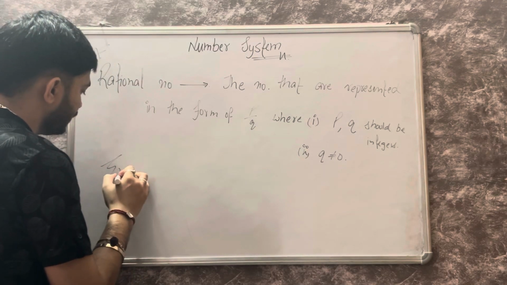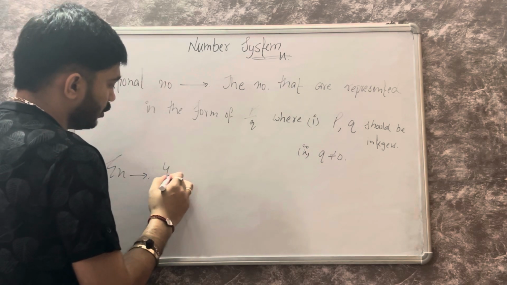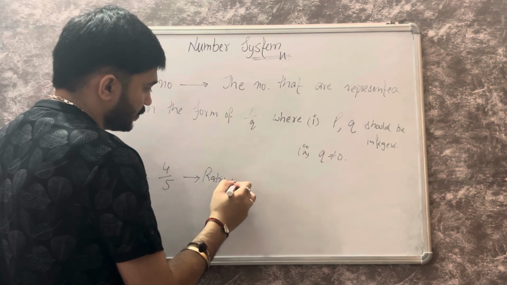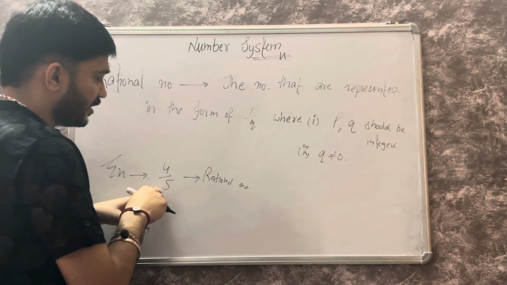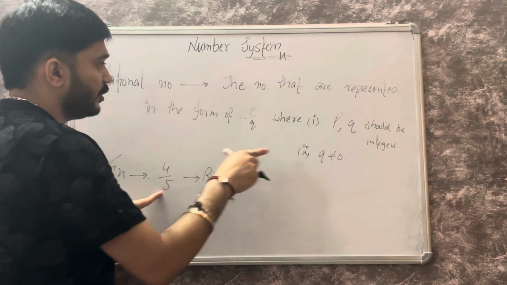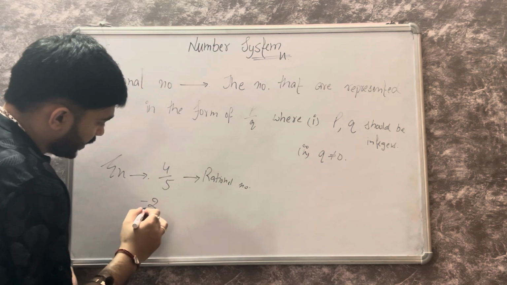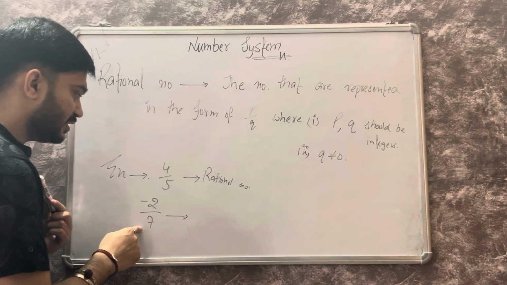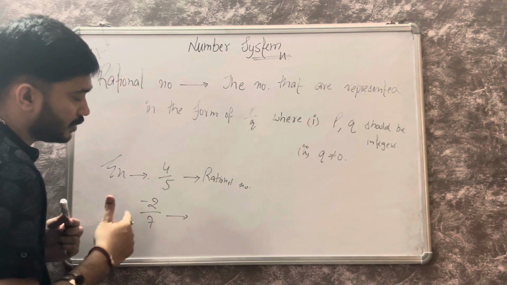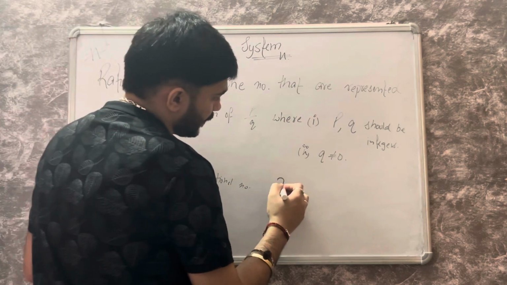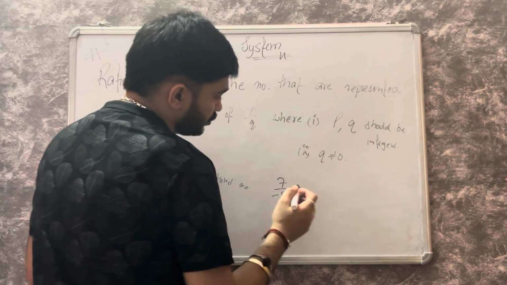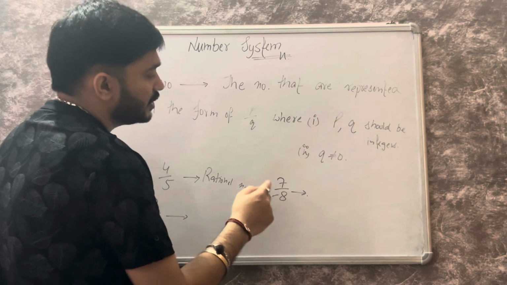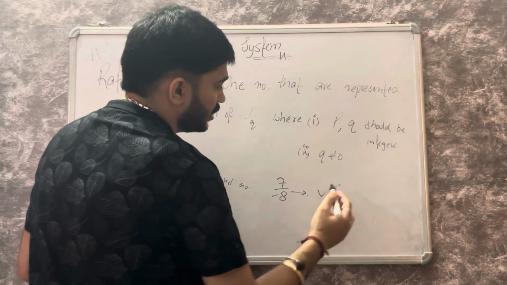Let us take some examples of it. If you write 4 upon 5, it is a rational number because 4 is an integer, 5 is an integer, and in the denominator we don't have 0. If you write minus 2 upon 7, you see minus 2 is an integer, 7 is an integer, and the denominator is not 0, so it is also a rational number. 7 upon minus 8, you see here 7 is an integer, minus 8 is an integer, and we do not have 0 in the denominator, so it is a rational number as well.